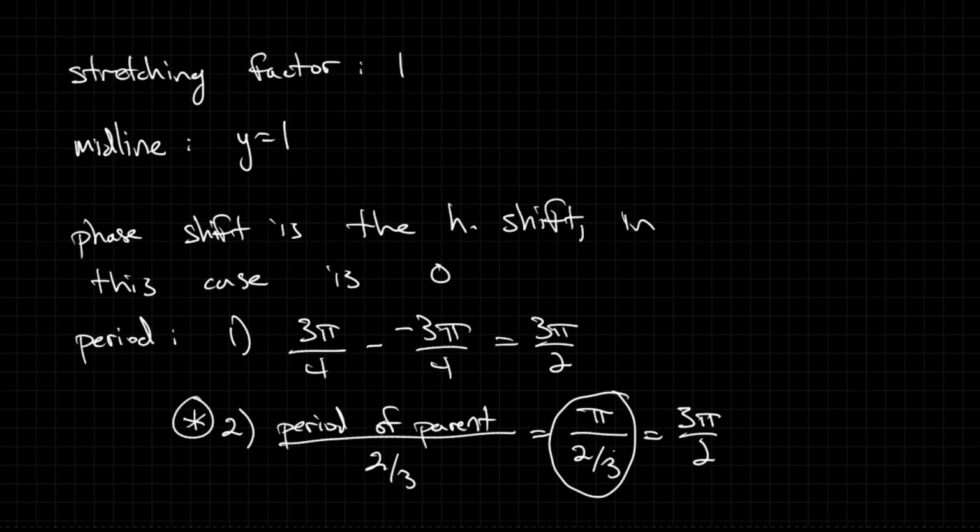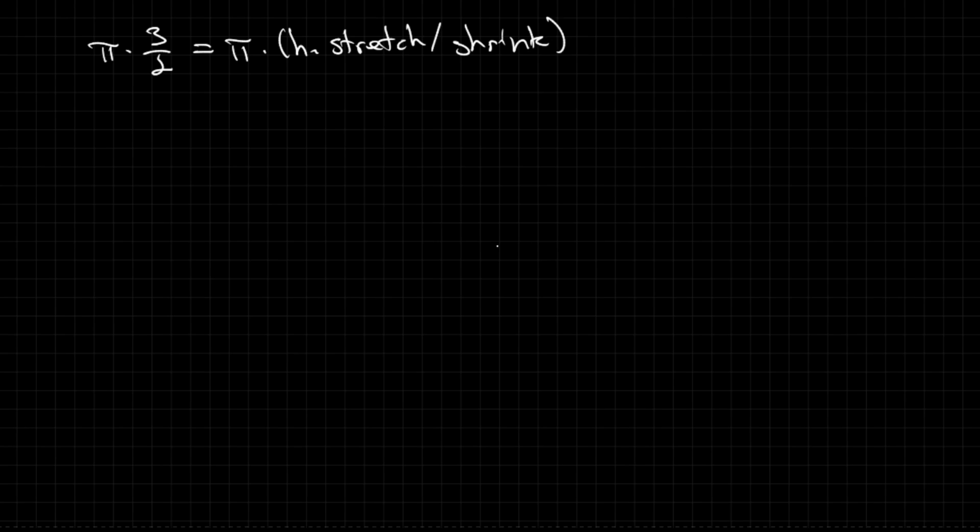So what we're doing when we do pi divided by 2/3 is really we're doing pi times 3/2, which in this problem and in every other problem is going to be pi times the horizontal stretch or shrink. So we're multiplying pi by the stretch or shrink that's being applied to the parent function.